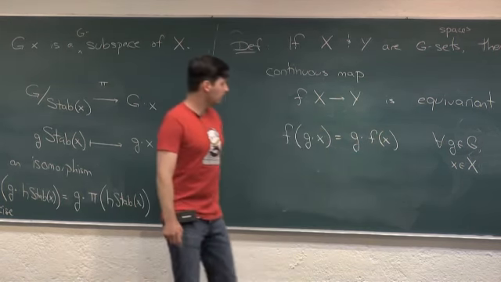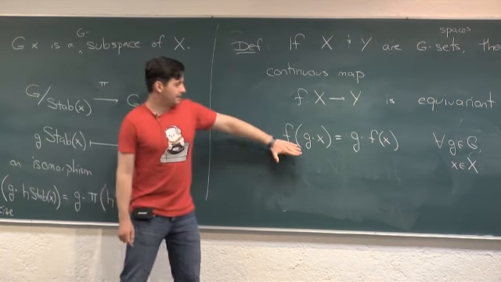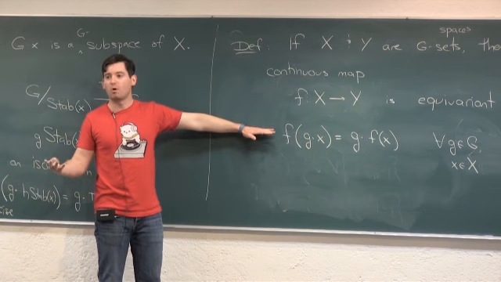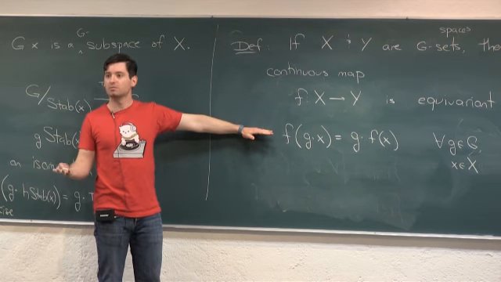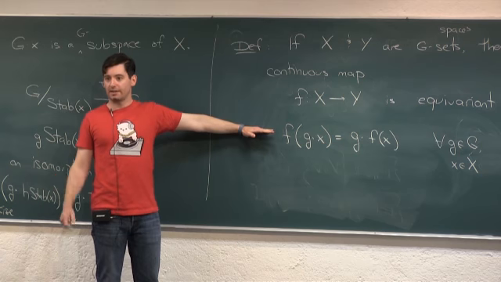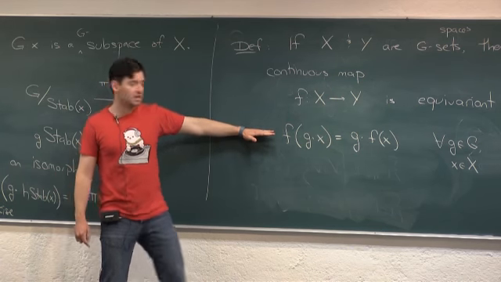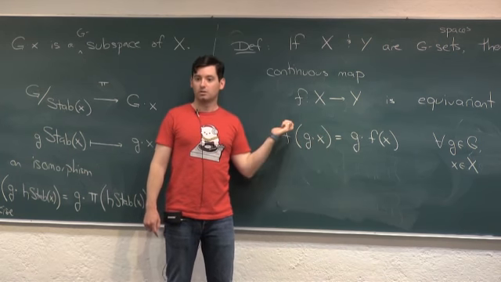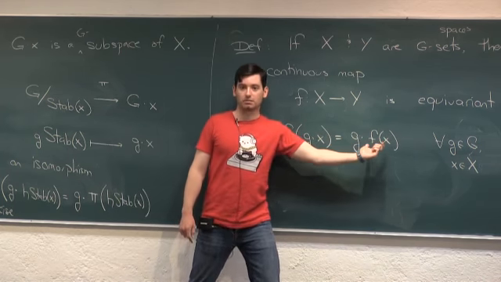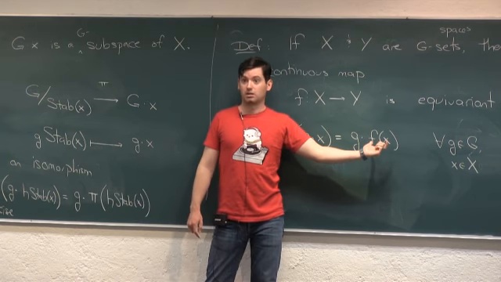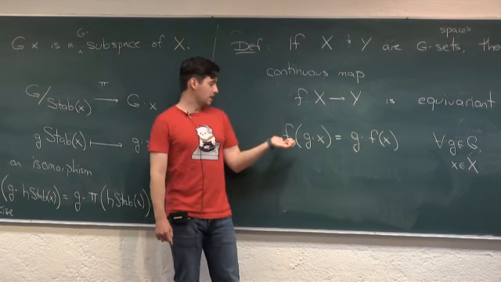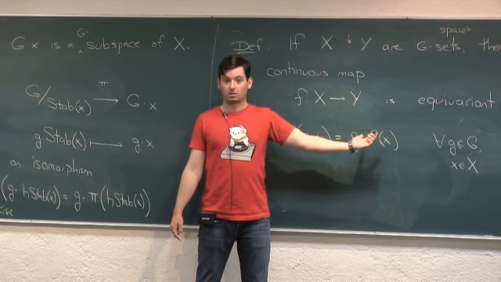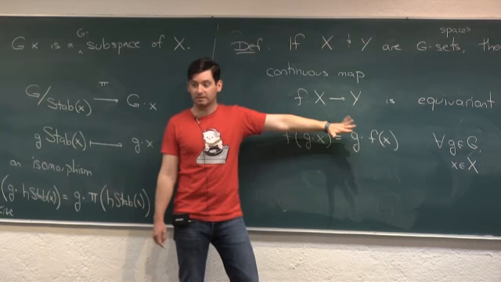This is the notion that I would come up with if I wanted to say, what should a homomorphism be? A homomorphism should preserve the structure that I see. What's the structure that I see? I have a multiplication by elements of the group. So this preserves multiplication by elements of the group. It commutes with it, just as an ordinary homomorphism says that f of g times x would be f of g times f of x if I had a homomorphism of groups. It's the same setup.